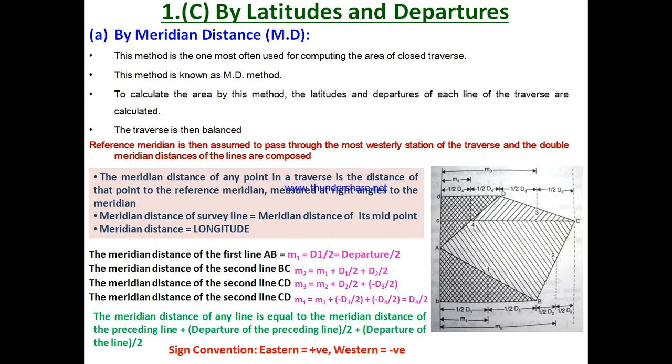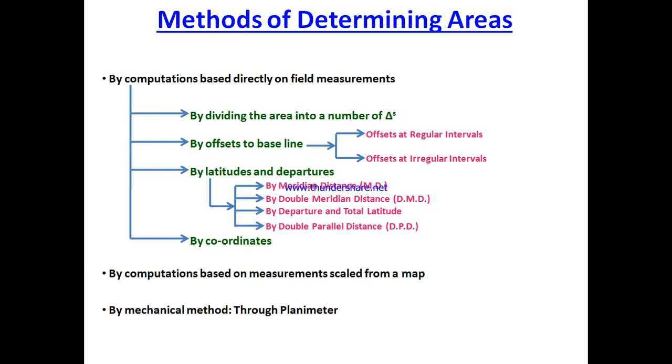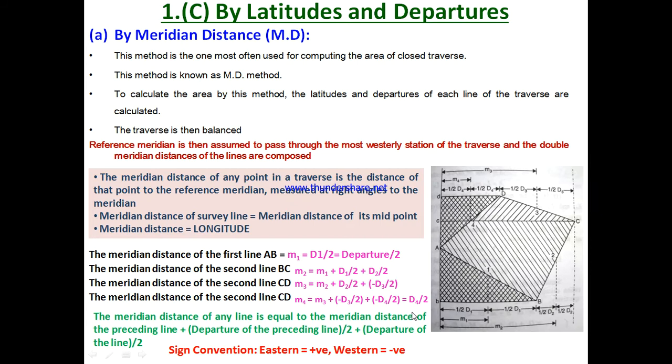Now how to calculate the area? As I have already told, on the basis of these four methods, that is meridian distance, double meridian distance, departure and total latitude, and double parallel distance, we are going to use the values of latitude and departure for each case, and then we determine the areas of a given field or traverse.